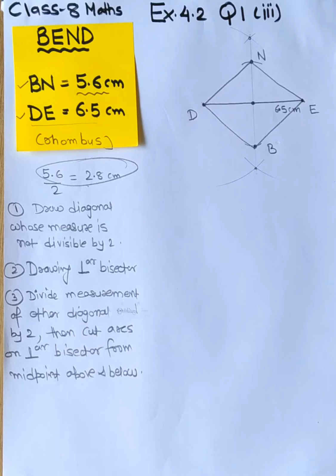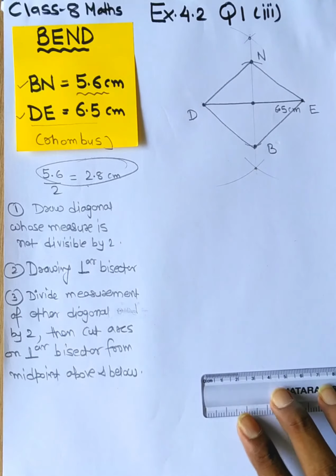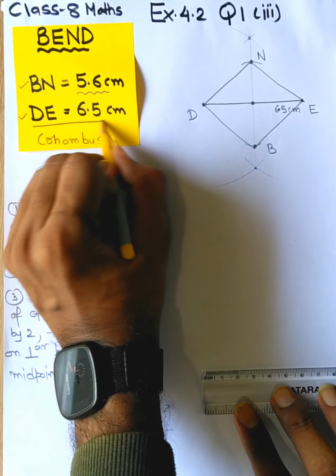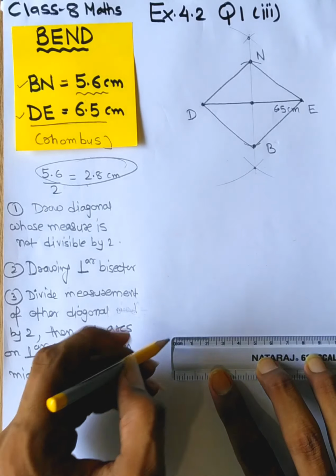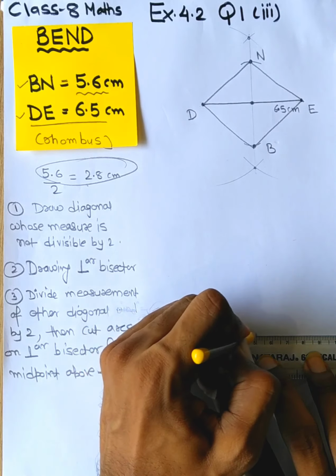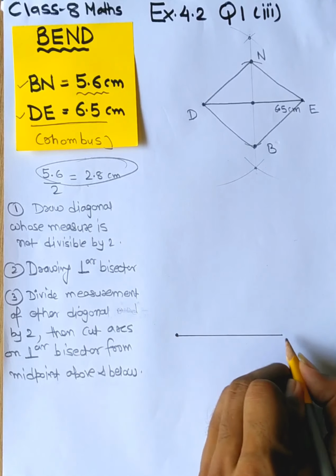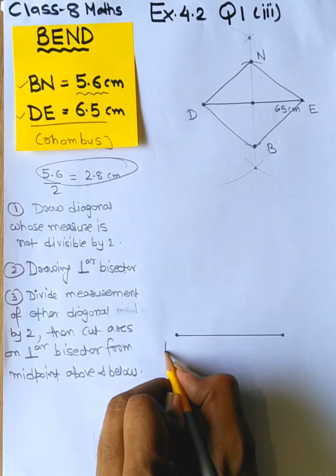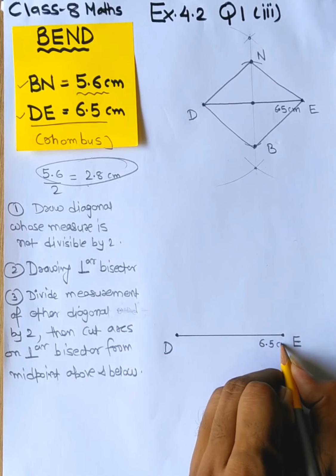Okay, so let us start with the drawing. So first we have to draw, according to the first one, diagonal DE. How much is it? It is 6.5. So from 0 to 6.5. So here is our first diagonal DE, 6.5 centimeter.